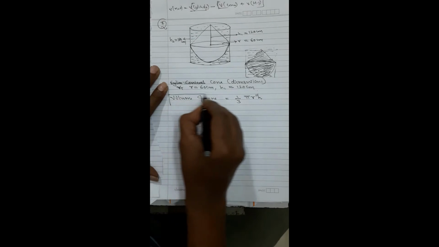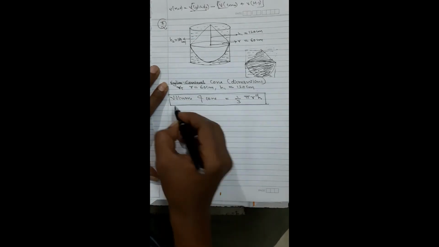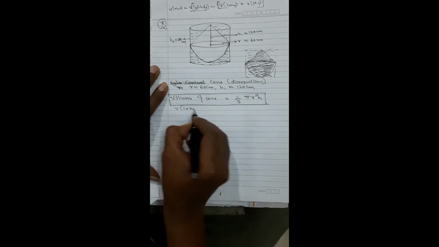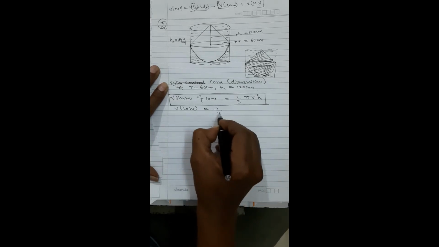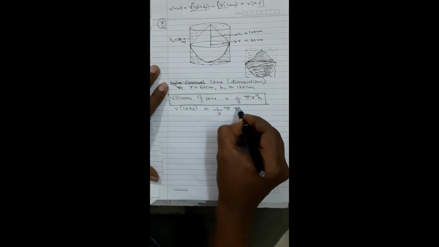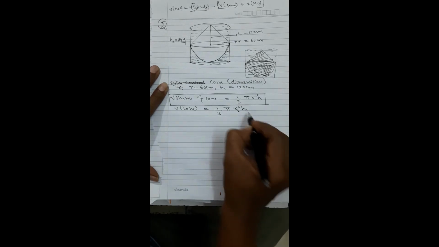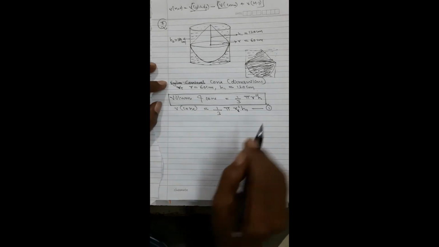This is the formula of volume of a cone. So volume of cone is equal to 1 upon 3 pi r square h1, because r is going to be same. This is going to be my 1.